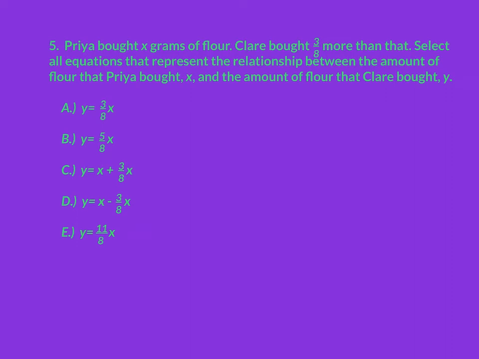Okay, our last one. We have Priya bought X grams of flour. Claire bought 3/8 more than that. Select all equations that represent the relationship between the amount of flour Priya bought, X. So Priya bought X amount, and Claire bought Y. Okay, so let's just make this very clear.